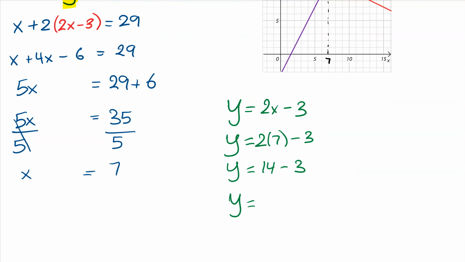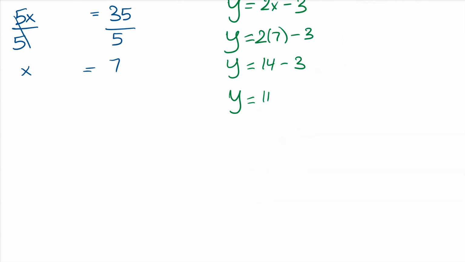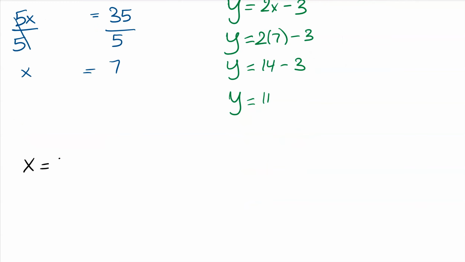Therefore, y equals 11. So the intersection point, or the coordinate I get, is x equals 7 and y equals 11. And as a coordinate, we can write this as 7, 11. So that's how I solve using the substitution method. I'm substituting one equation into the other equation, so I get one variable.